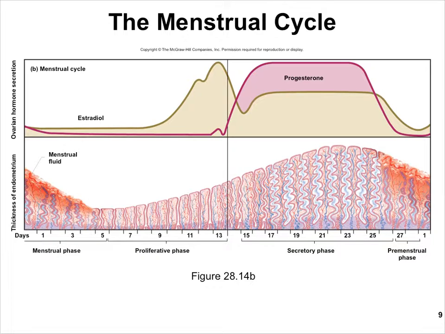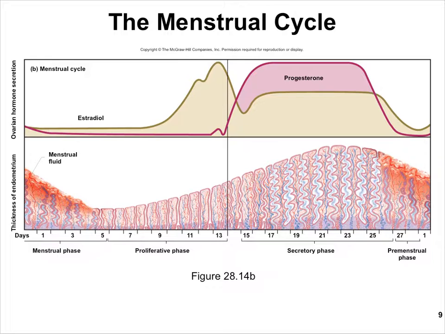So during the first part of the cycle, the menstrual phase, what you have is the endometrium sloughing off, dying away, and being ejected from the body. You can see that the hormone levels at this stage, you have low progesterone and fairly low estradiol as well.